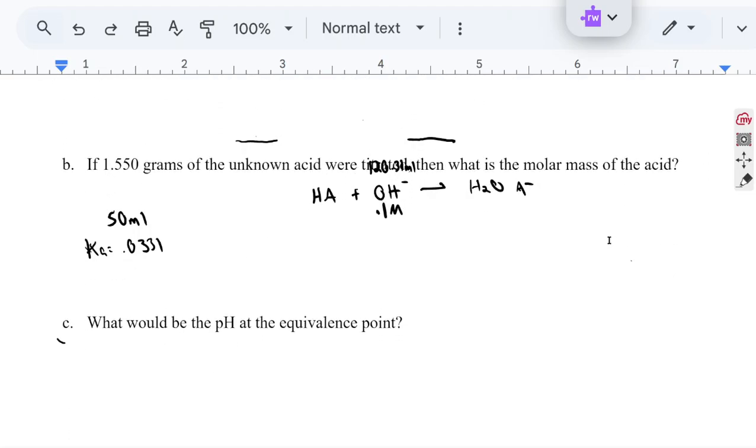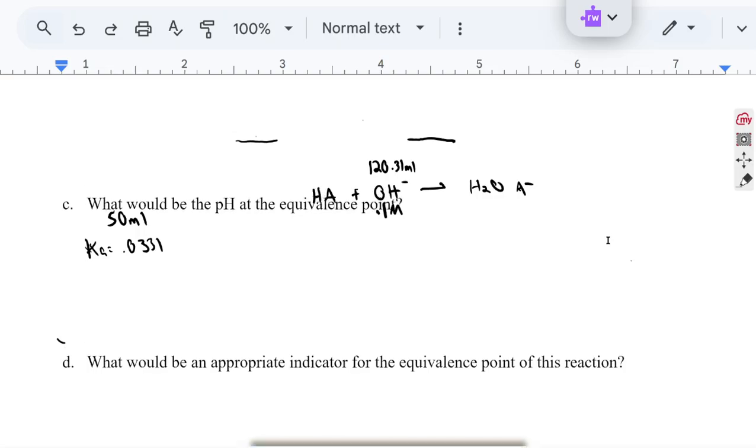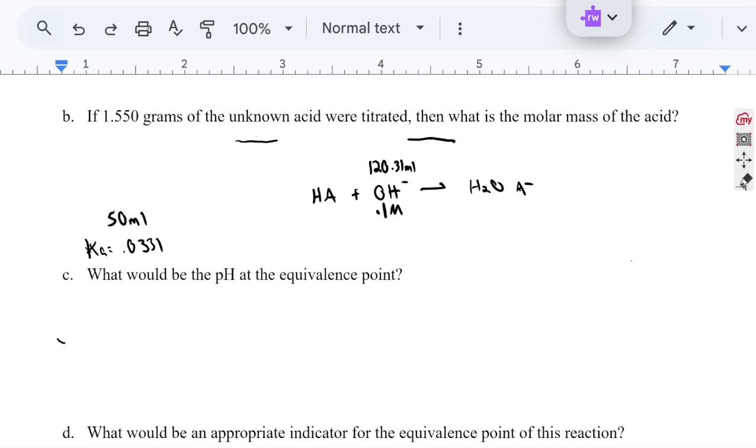As long as it's close enough, it's good. Okay, I'm going to leave those numbers there. Let's work this out. It says, what would the pH be at the equivalence point? So we are assuming that all of this is gone and all of this is gone too. We're at the exact point where they are at perfect ratios.